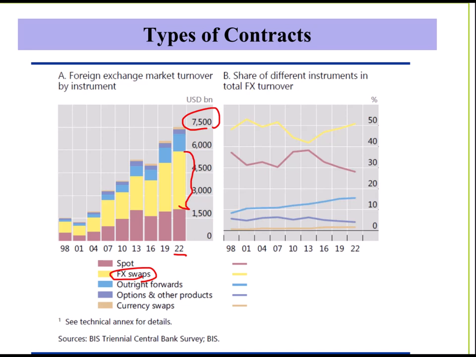And as you can see from here, FX swap trading activity has been dominant for all periods. And also you can notice that in 1998, the total trading activity is around $1.5 trillion. In 2022, it became $7.5 trillion. Huge growth for about 20 years.